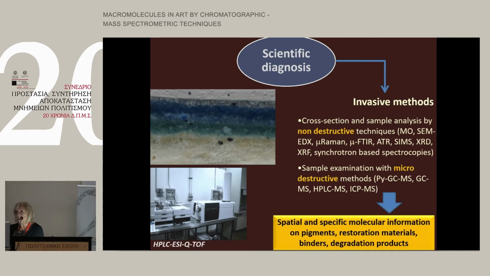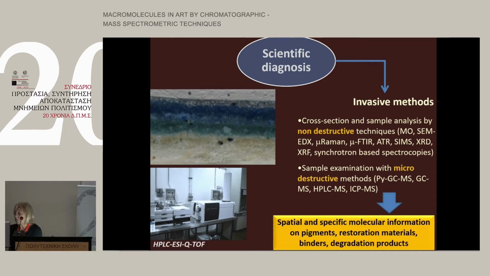And finally, if you want to understand the organic material, you have to destroy your microsamples, and so I am coming to this phase. The final step is to destroy the sample and to understand which kind of organic material is contained in it.